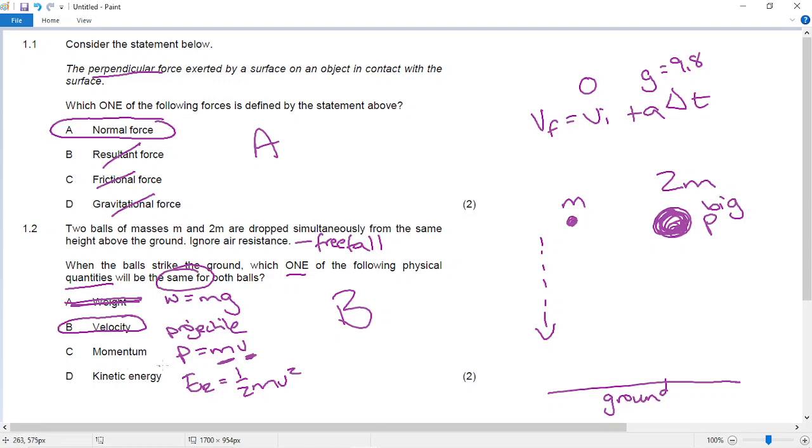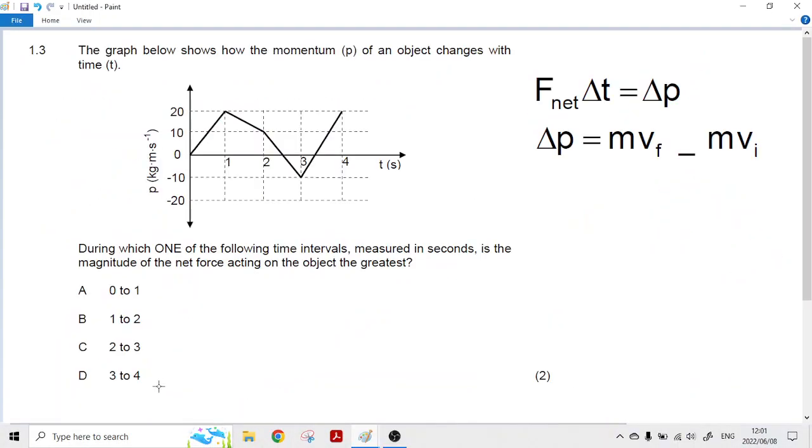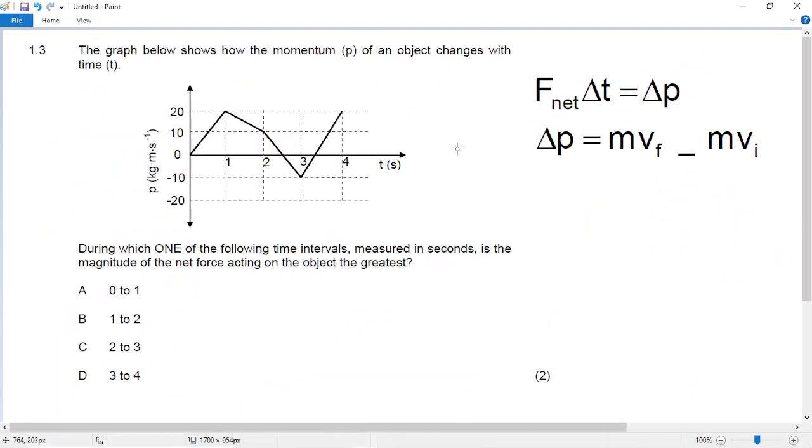And the kinetic energy will also be different because this one has got more mass. So this one will have a bigger EK as well. So the answer is B, the velocity, because it doesn't matter what mass you are, you are universally accelerated to the center of the earth.